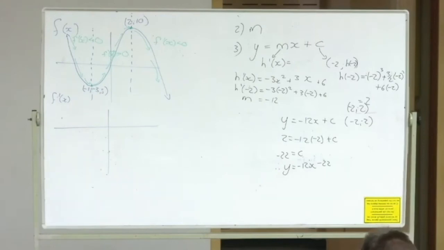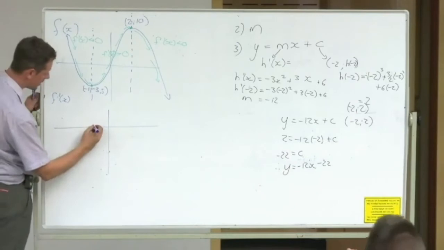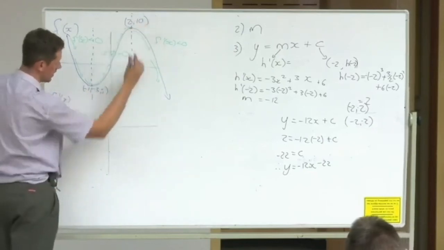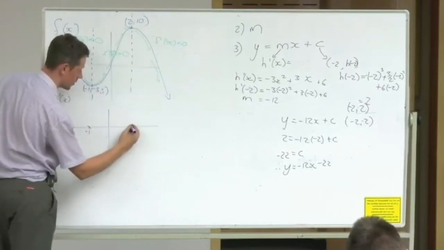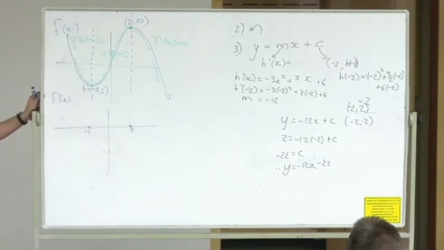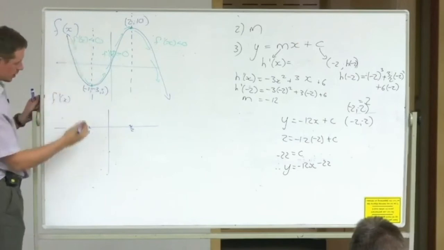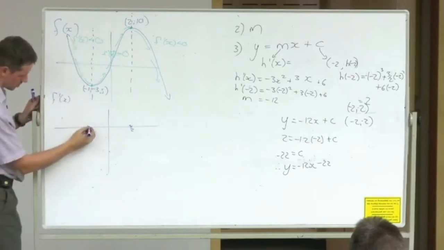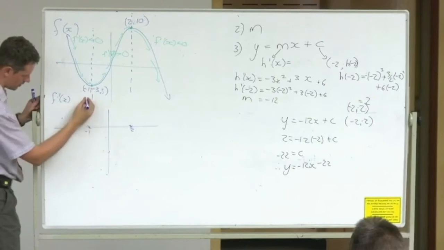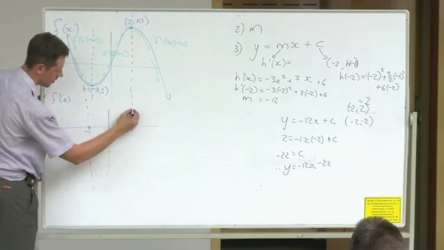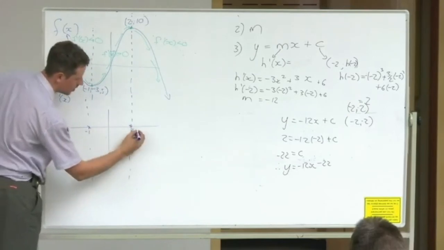Do you guys all agree with me? Okay. So if I have to draw this, f'(x) is 0 at -1 and at 2. My derivative is less than 0 here. So it's below here and as well there.